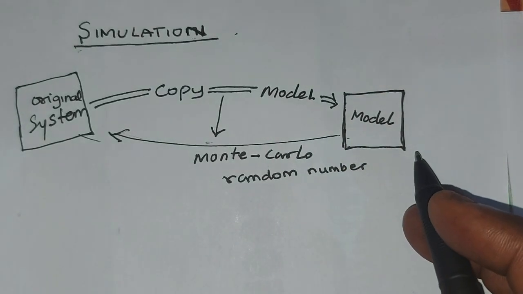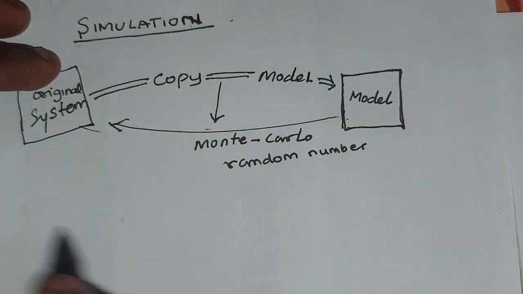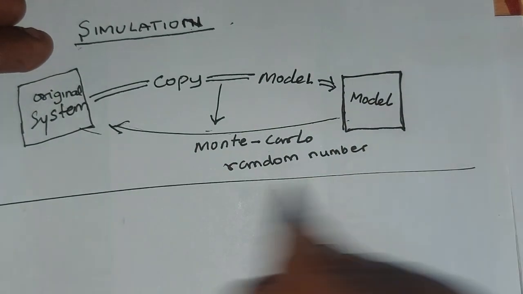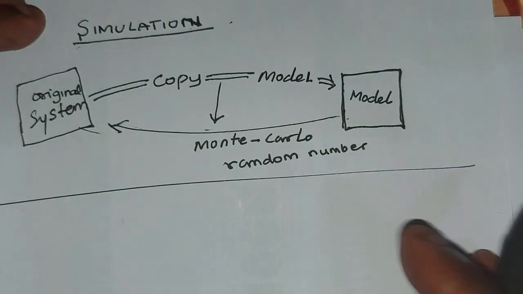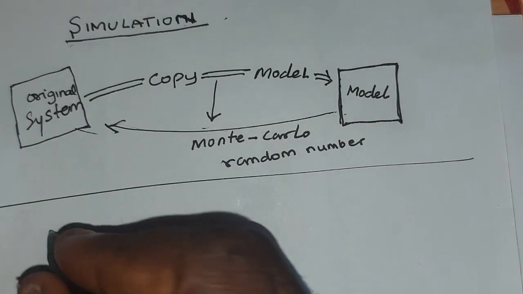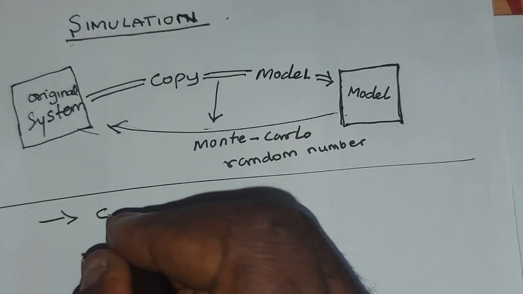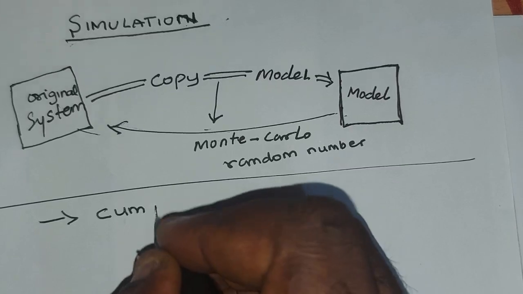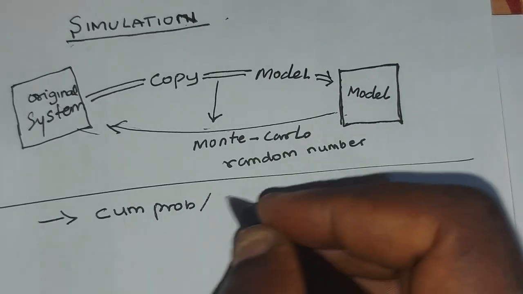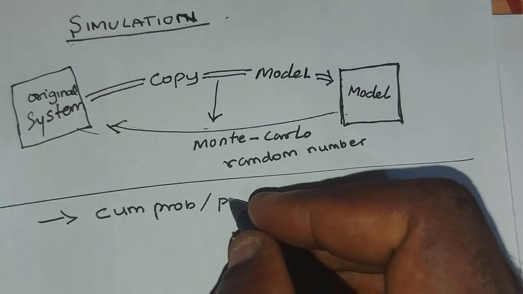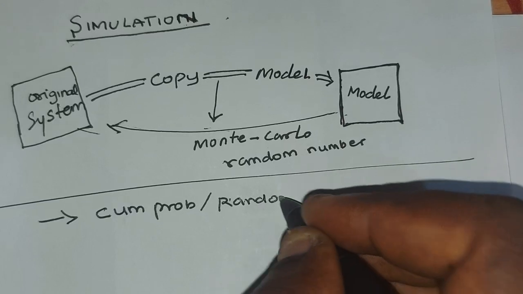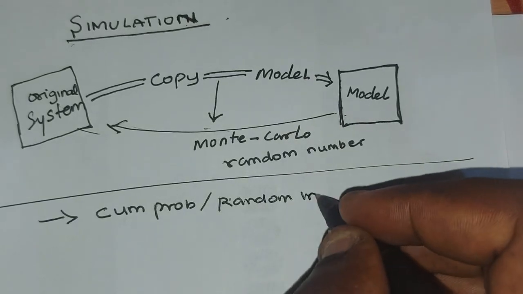In the last video, I demonstrated a simple question. Then I told you that we have two steps. Number one is to calculate the cumulative probabilities and the random intervals.